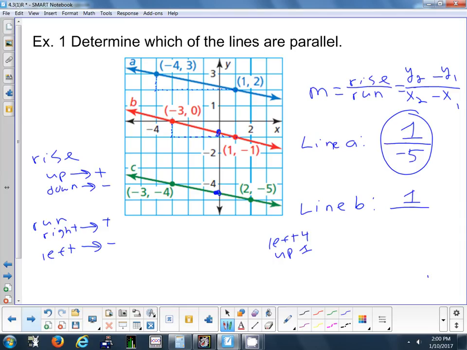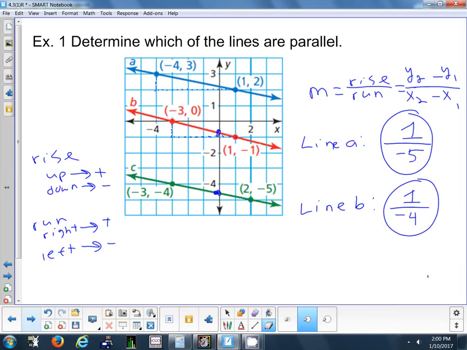And what about my run? What tells you it's negative? It's slanting down. In what direction did we go? Left. Left is negative. That's the slope of line B. Close to line A, but not the same. So are line A and B parallel? Nope.